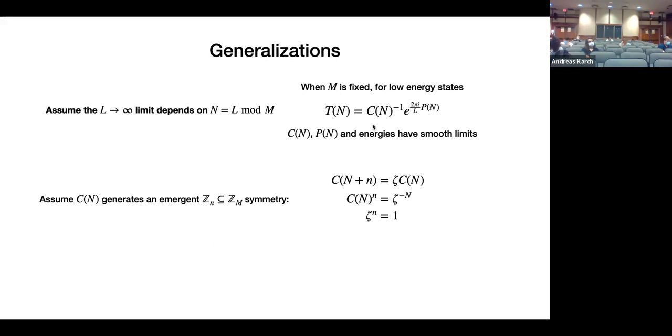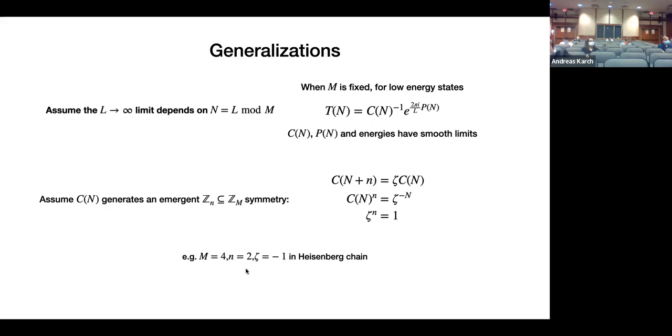It doesn't have to generate exactly Zm. The Zm doesn't have to act faithfully. We could actually just have a smaller subgroup. And with some mild assumptions, for example, the theory is relativistic, we can derive some relation between these quantum numbers. And so I'll skip this.